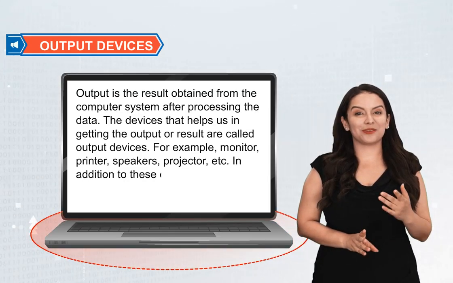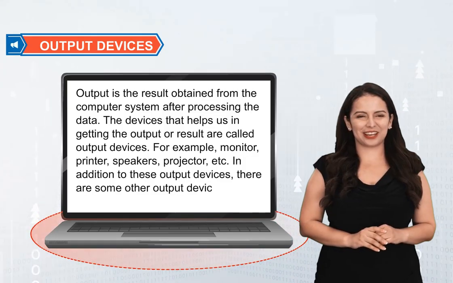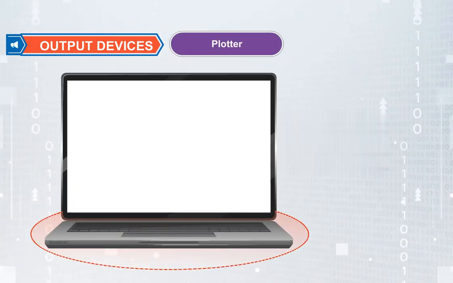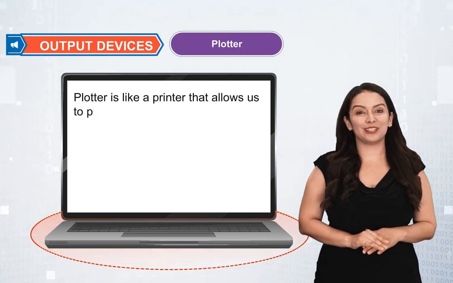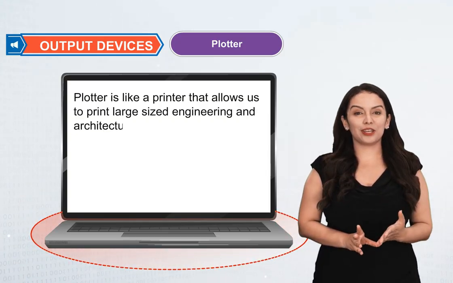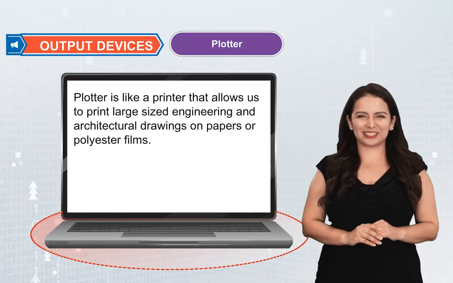In addition to these output devices, there are some other output devices. Let's discuss them. Plotter. A plotter is like a printer that allows us to print large-sized engineering and architectural drawings on papers or polyester films.